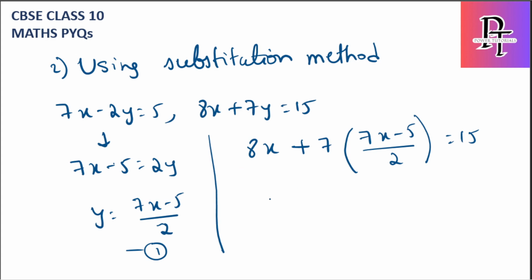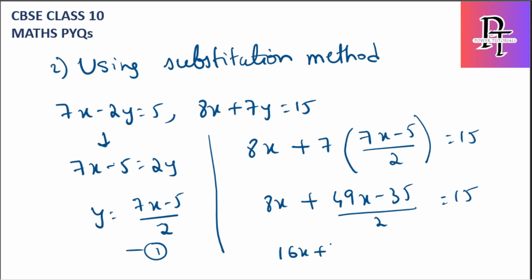Let's find the normal value first. 7 sevens are 49x minus 7 fives are 35, by 2 is equal to 15. If I take the LCM, this becomes 16x plus 49x minus 35 by 2 is equal to 15. 16 plus 49 is 65. 65x minus 35 by 2 is equal to 15.